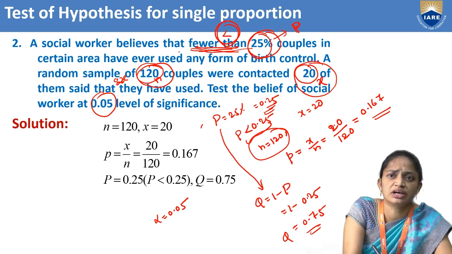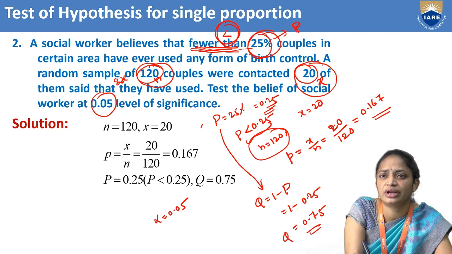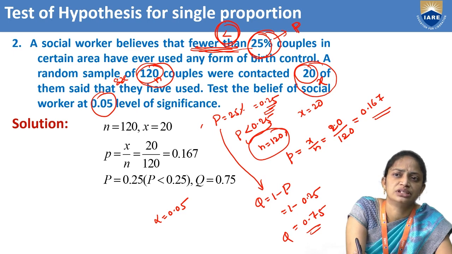The social worker believes that fewer than 25% of couples in a certain area have ever used any form of birth control. This is the social worker's belief.